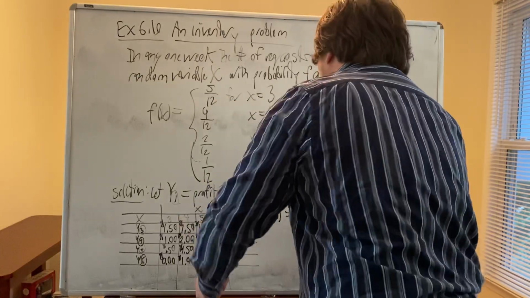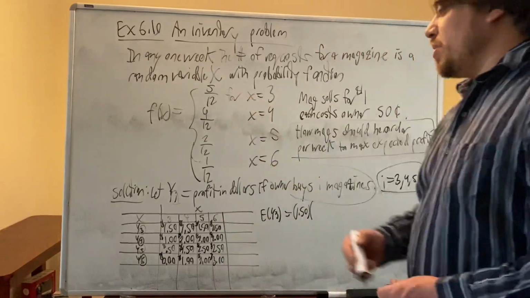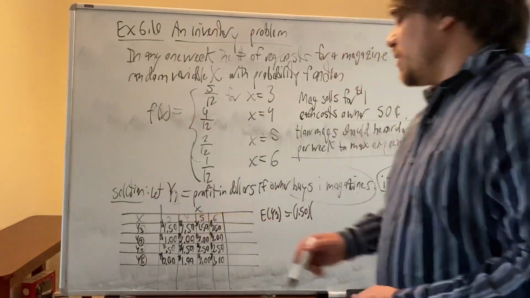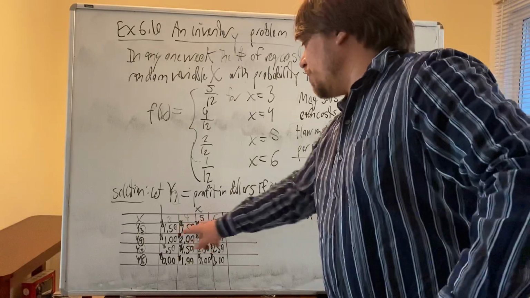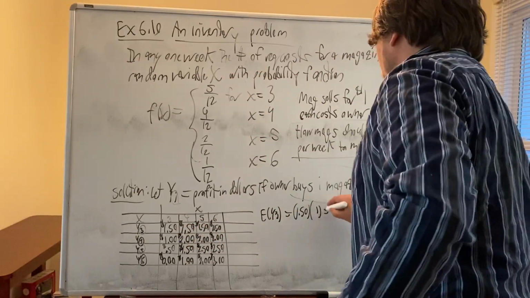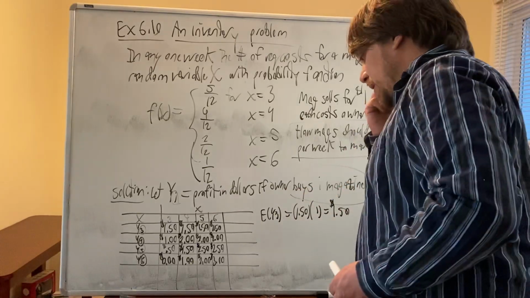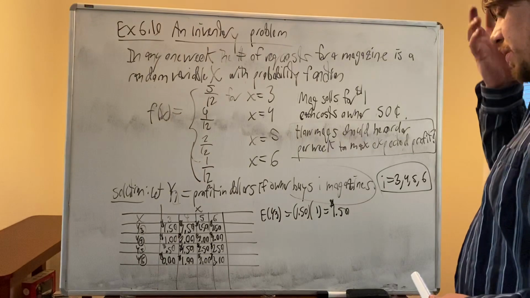But he's going to make $1.50 no matter how many requests there are, and they add up to 1. So this is $1.50 times 1. So the expected value of y sub 3 is $1.50.